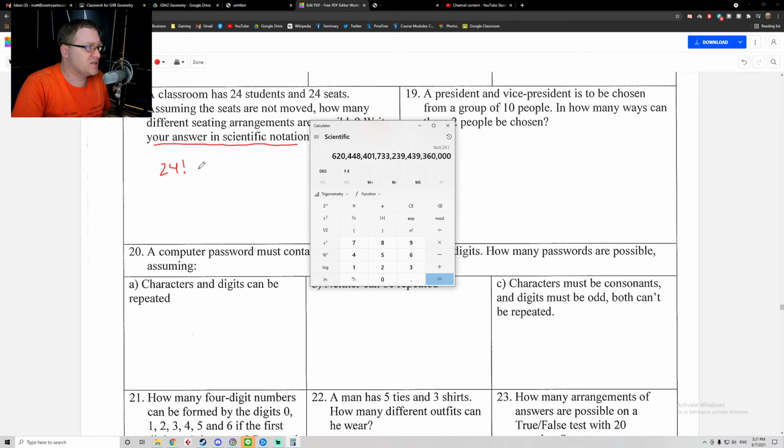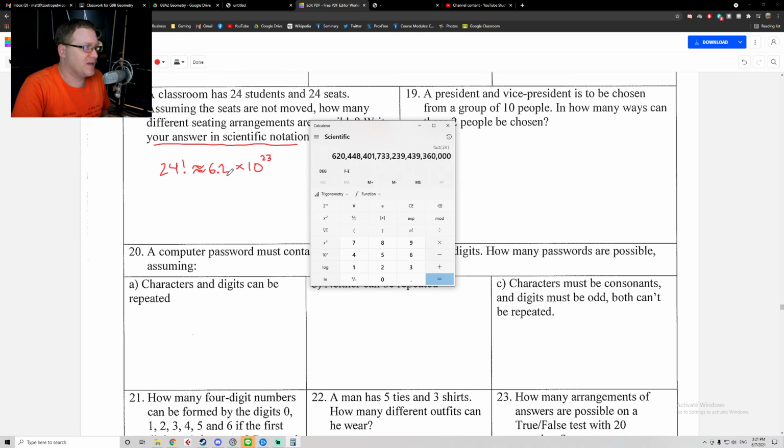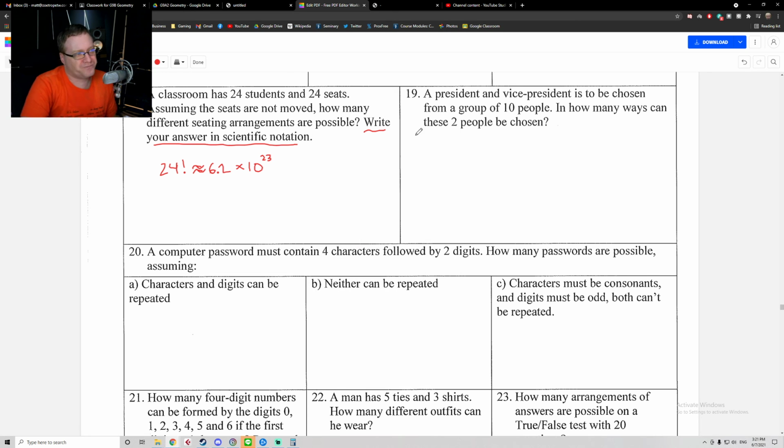So this is going to equal 6.2 times 10 to the 23rd. That's scientific notation. Actually, I should write that it's approximately, because there's a lot of numbers back here that I didn't write. But rounding it, we get 6.2 times 10 to the 23rd. A very big number.